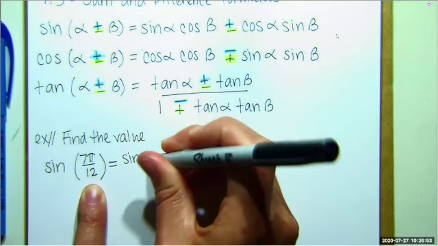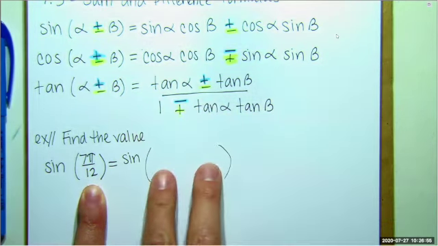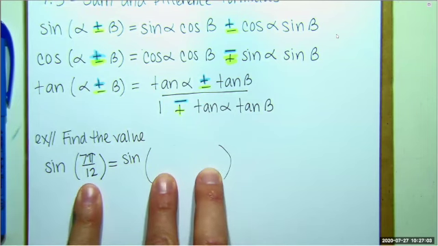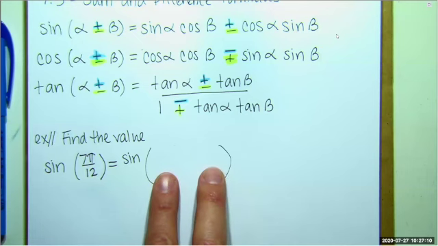So I'm going to write it as the sum or difference of 2 angles we know how to do by hand. Okay, so what I want to think about here when this is in terms of radians is this is 7/12. So I think about the number 7, and I want to think about what 2 numbers add to 7, and then do those fractions reduce to angles that we know how to do by hand.